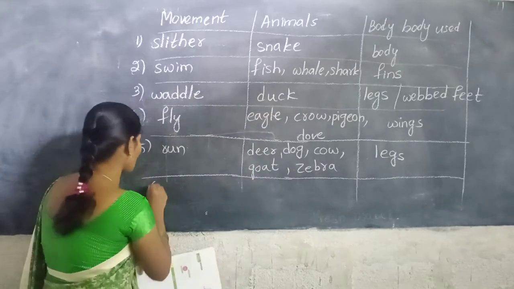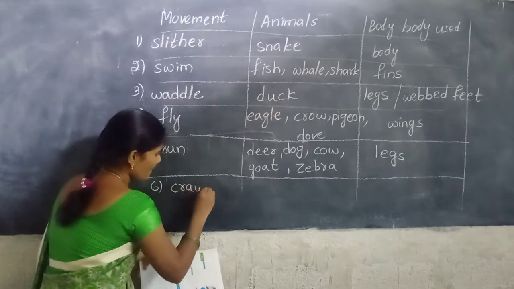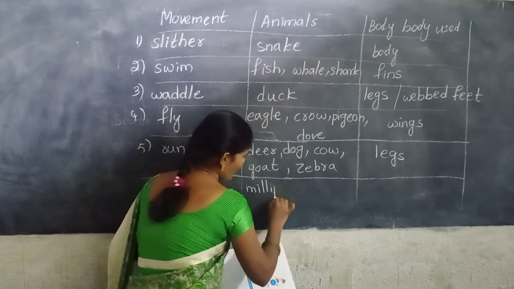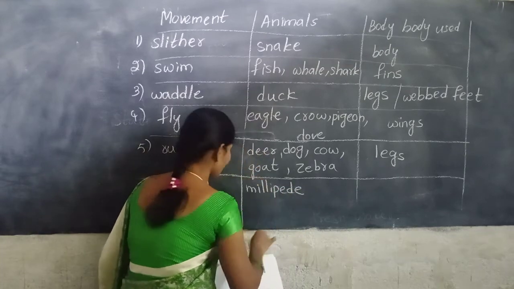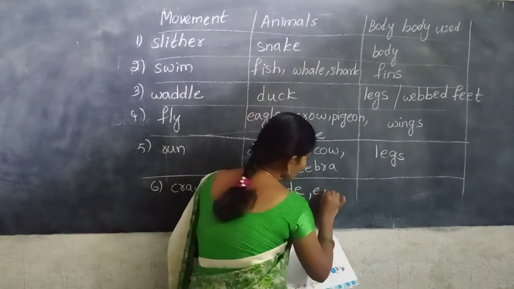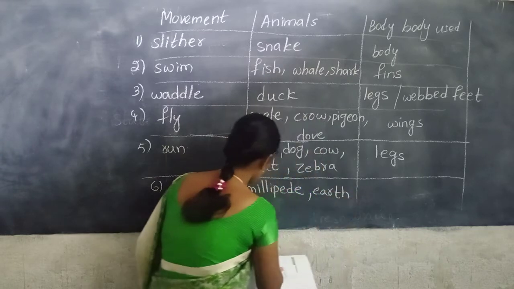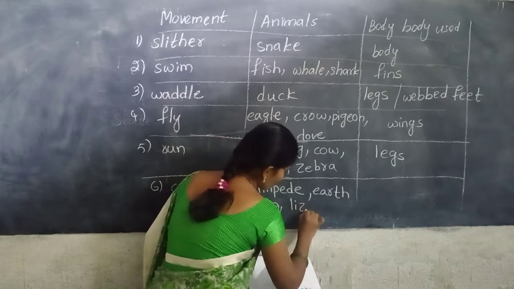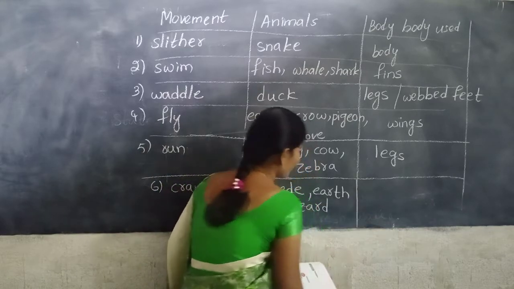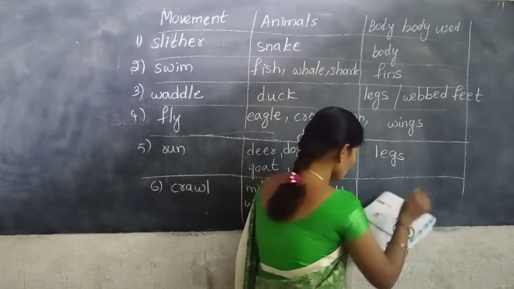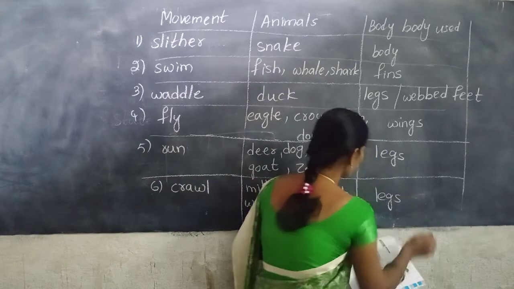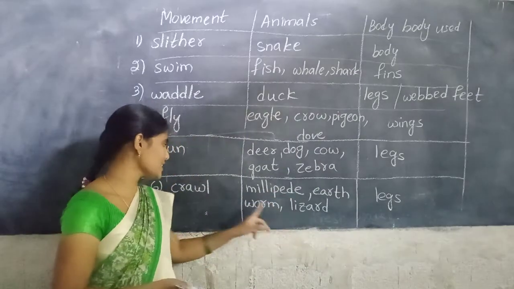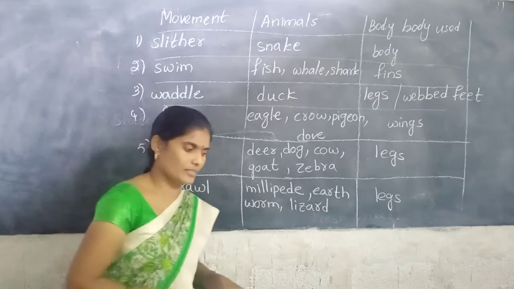Next, crawl. Millipede can crawl, and earthworms can crawl. And lizard also can crawl on the wall. They also use their legs to crawl. Millipede, earthworm, and lizard can crawl by using their legs.